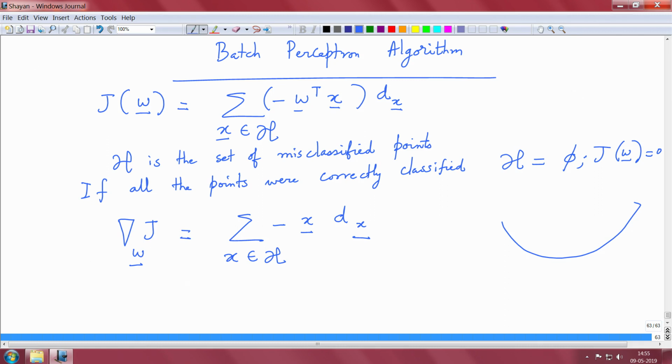There should exist a solution where I can get to the right point after some iterations. So, what I can do is I can adjust my weight at time step n plus 1 to be my weight at time step n minus eta of n times the gradient of this quantity that I have with respect to the weight.